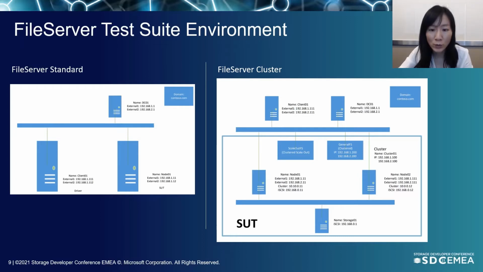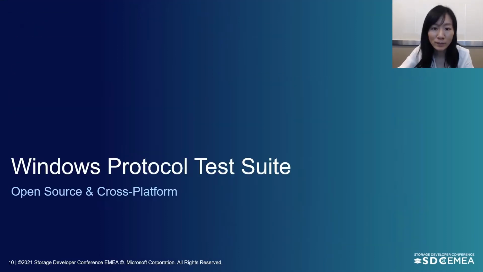We have two nodes here, and we also have scale-out FS and the general FS. We have set up these two types of environment for our SMB3 IO lab. So if you are a participant for our SMB3 IO lab, feel free to contact us for these two testing environments.